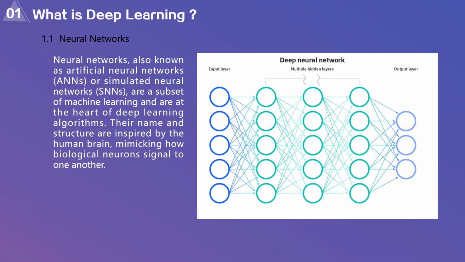You see in the picture a deep neural network which has an input layer, multiple hidden layers and an output layer. Each circle is a neuron, and we have multiple neurons in each hidden layer, and the neurons connect to one another, and the output is the subset of neurons.